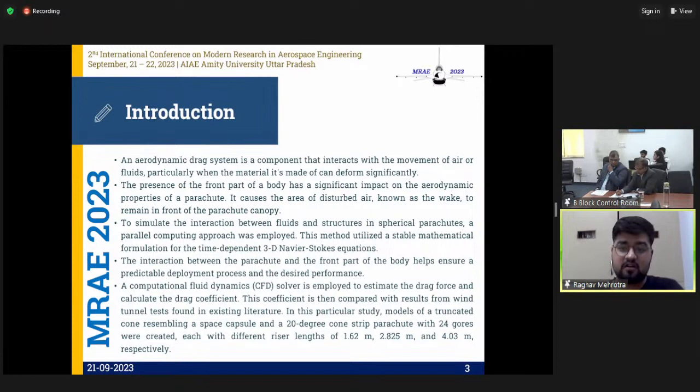It causes an area of disturbed air, known as the wake effect, in the parachute canopy. To simulate the interaction between fluid and structures in spherical parachutes, in this paper we have validated the wind tunnel test done by DRDO on the parachute and forebody and parachutes.